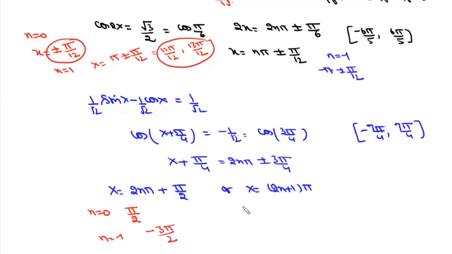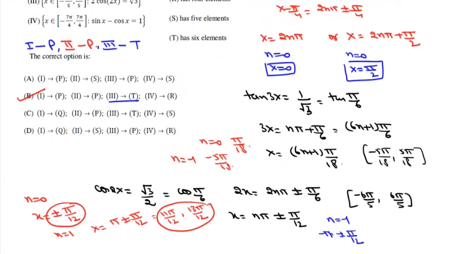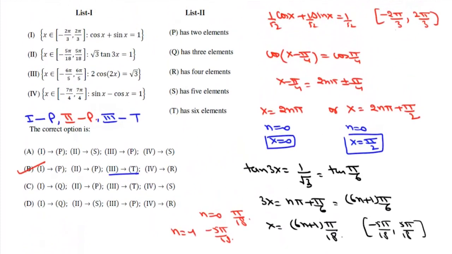And here if we put n as 0, we'll get this as pi, and n as minus 1 is minus pi. So we'll get 4 values in this interval. So this fourth one has 4 elements. So this fourth matches with R, and that's your option B.